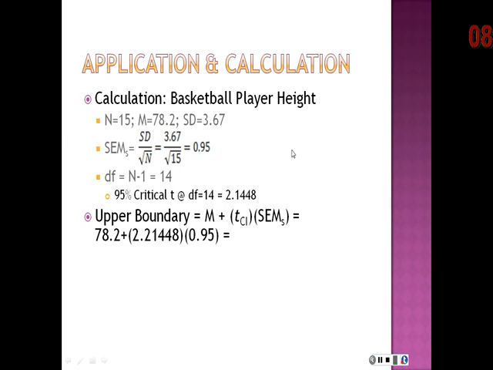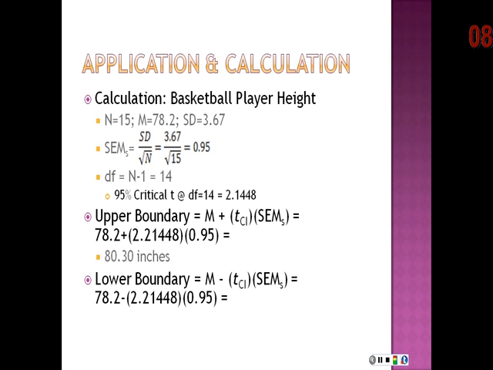I'll give you a second to calculate that. And what we find for our upper boundary is 80.3 inches. Now, if your calculation is slightly different, I'm using Excel to calculate all of my data here, so mine's going to be slightly more accurate if you're rounding, for example.